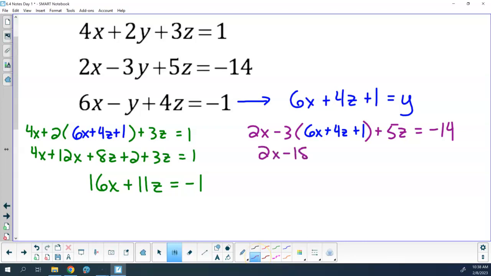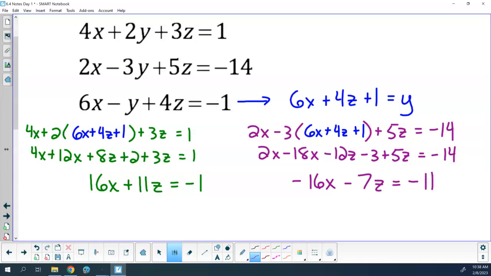X minus 18x minus 12z minus 3 plus 5z is negative 14. That's going to be negative 16x minus 7z equals negative 11. Yes?